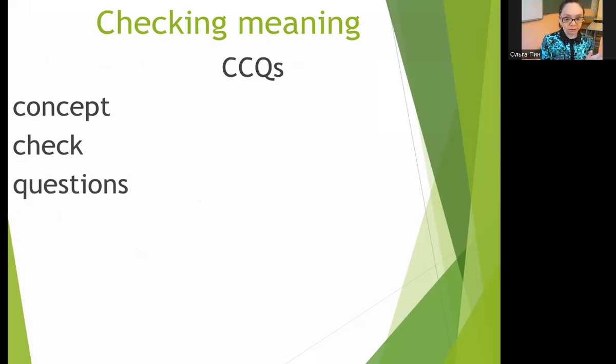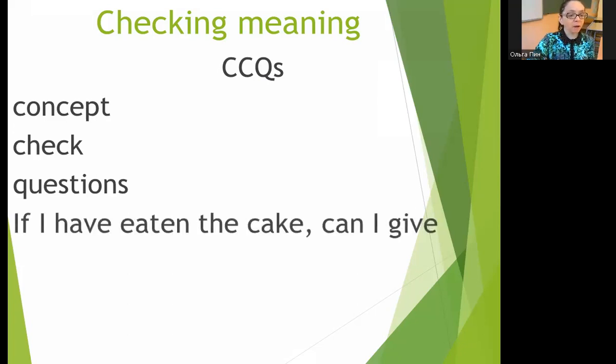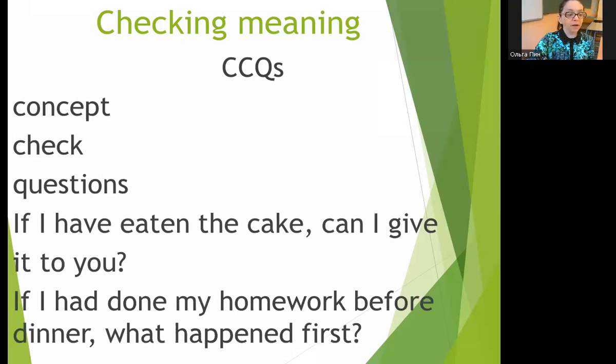But doubtlessly, these questions will sound a bit different than when we check the meaning of vocabulary. So, for instance, to check present perfect, I might ask, if I have eaten the cake, can I give it to you? Or if I had done my homework before dinner, what happened first? Dinner or homework? Something like this.